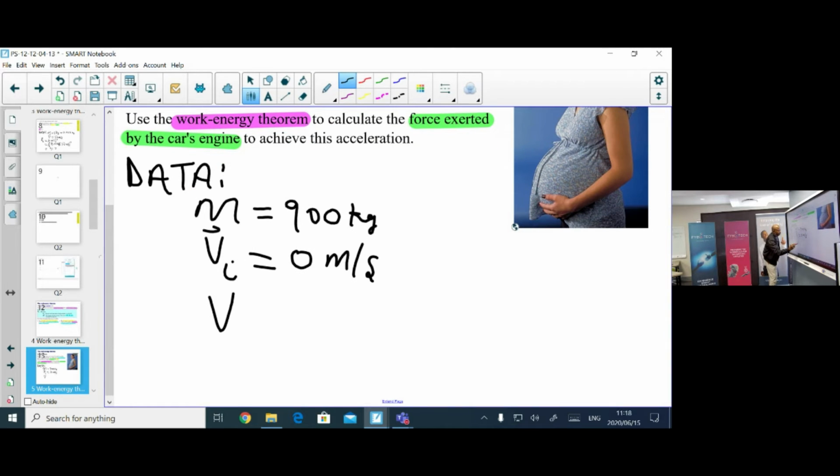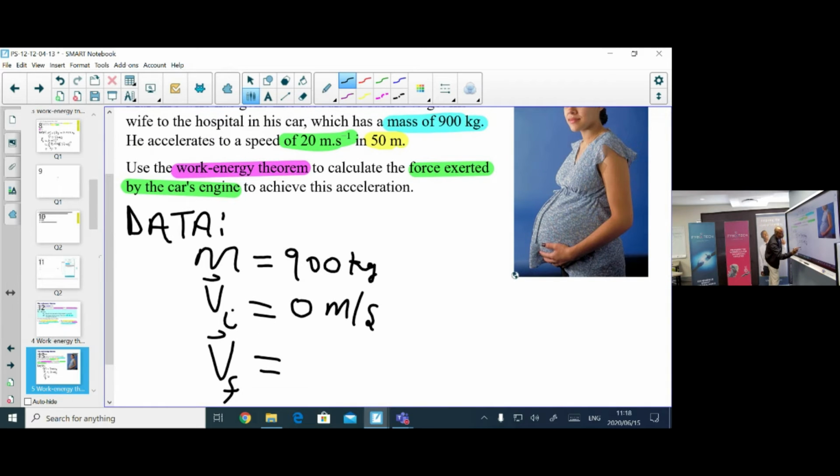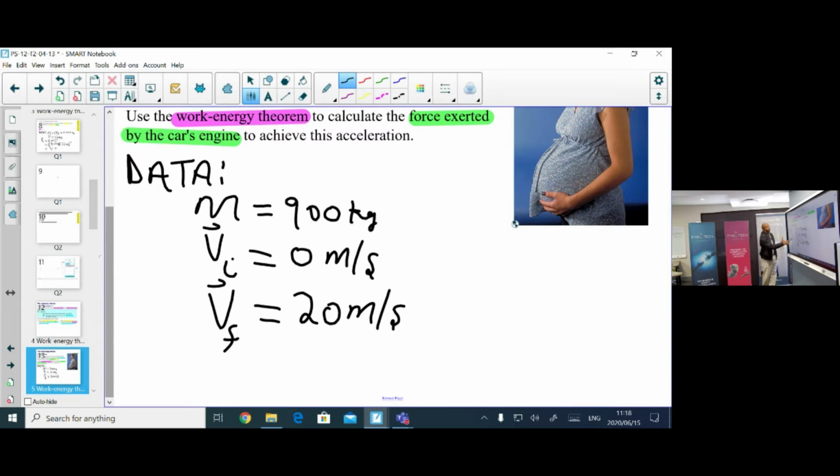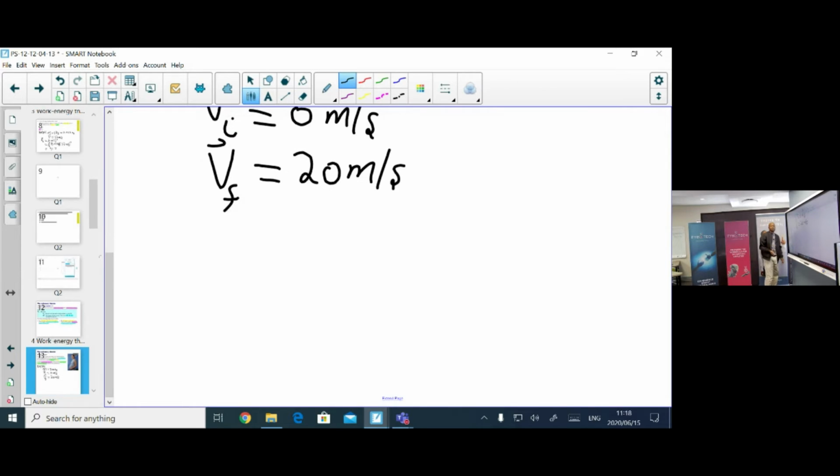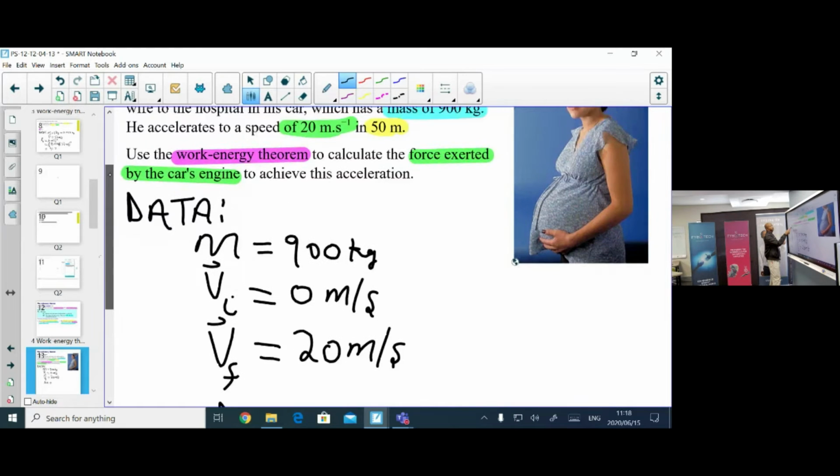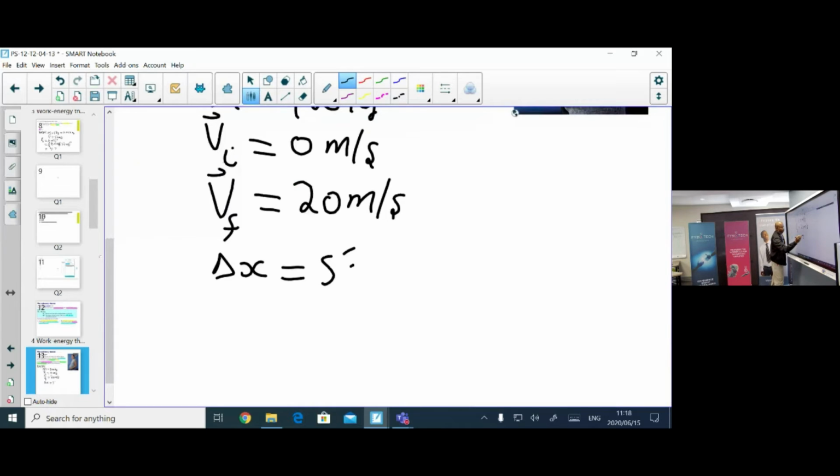We have the final velocity, which is equal to 20 meters per second. What else? We have change in x, or s, that is displacement, which is equal to 50 meters. Let me extend my page so that we can have enough space.